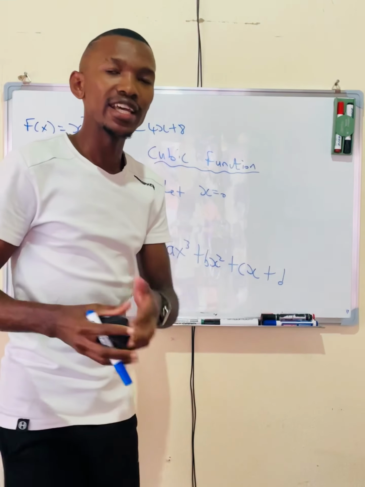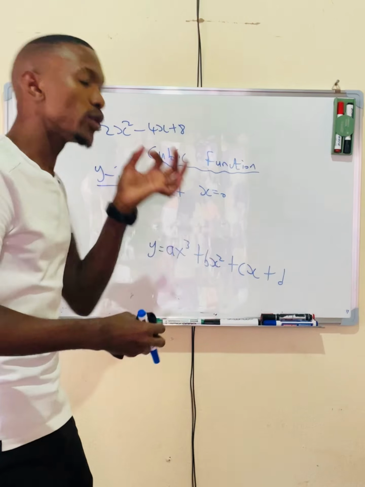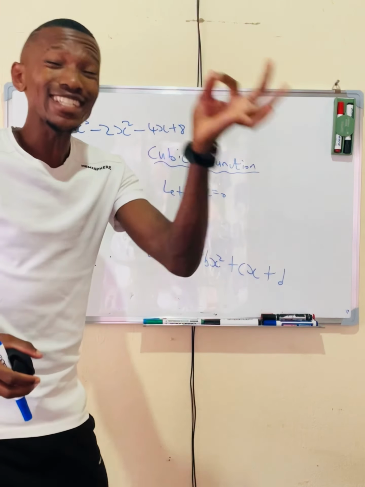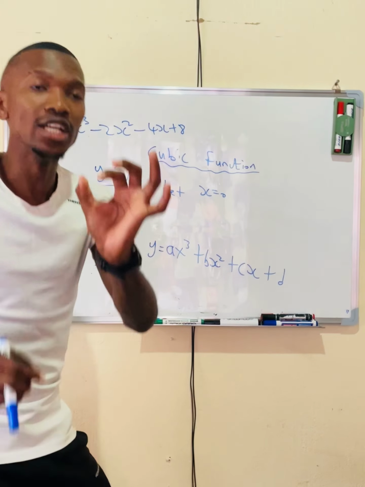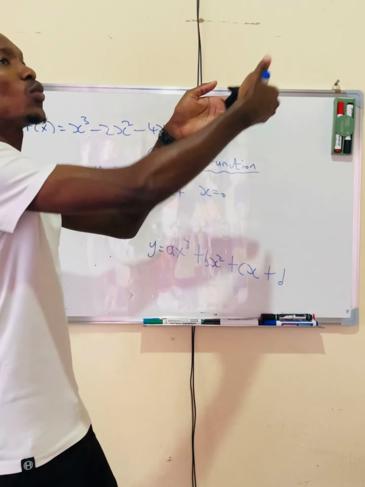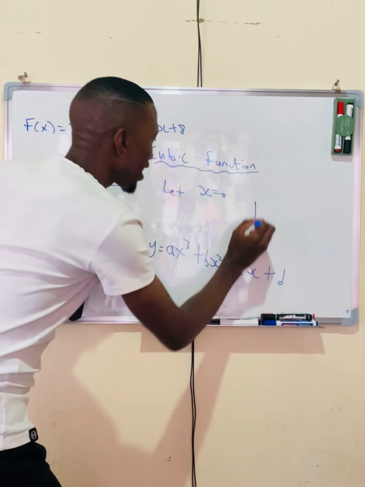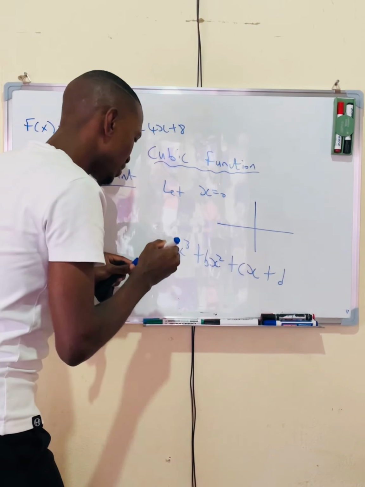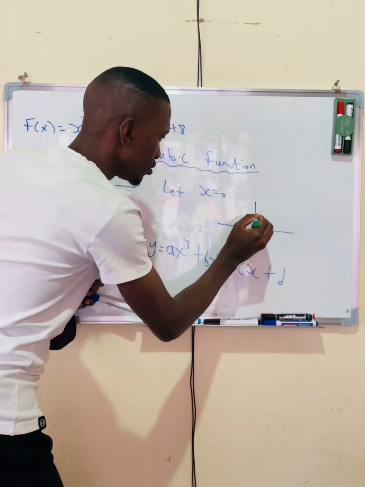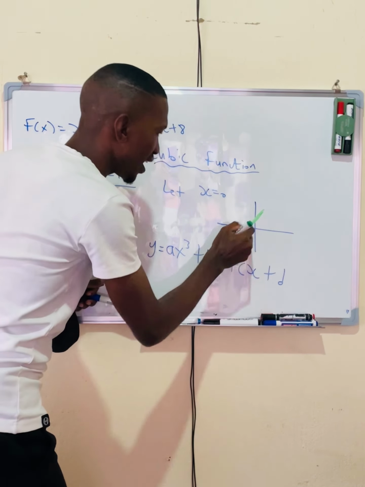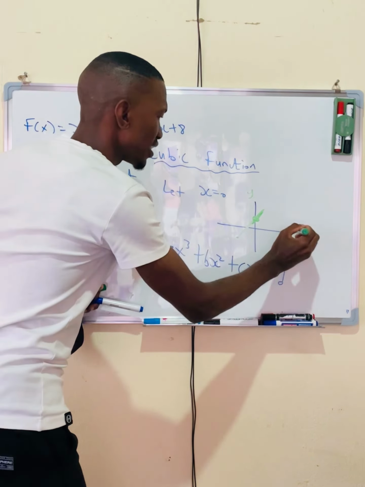Basically, what does it mean? It means that when the graph cuts the y-axis, we're going to have the intercept, which we call the y-intercept. The y-intercept is where a line cuts the y-axis, which is the vertical line. So if this is my Cartesian plane, and a certain line comes and cuts here, this is the y, this is the x.